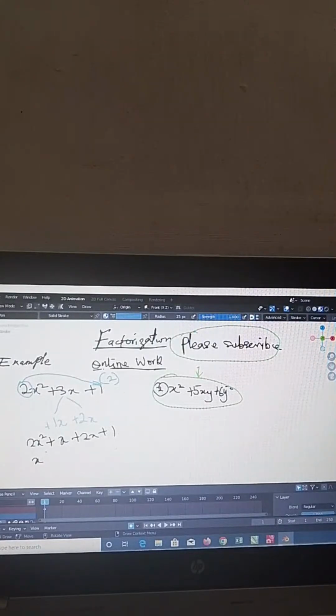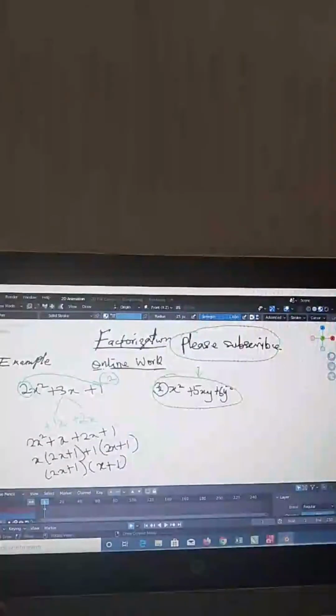What is left? 2x plus 1. So what is common here? Plus 1. What is left? 2x plus 1. I hope you're following. So if we factor out what is common, I have 2x plus 1, and what is left? X plus 1. That does it.